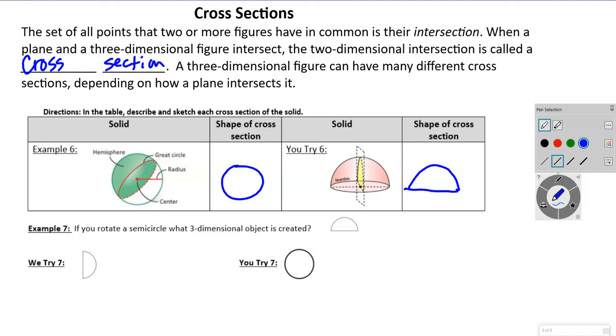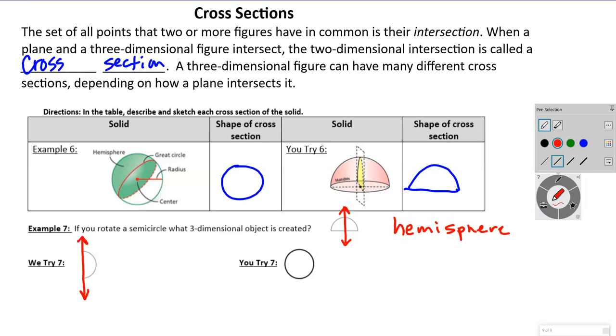You do. Okay, then we're going to talk about these rotations here. So when we rotate this hemisphere, I should say that semicircle, around that straight line, we rotate it 360 degrees, don't we get a hemisphere? We do. Now with this one, we're going to rotate it around that straight line right there.